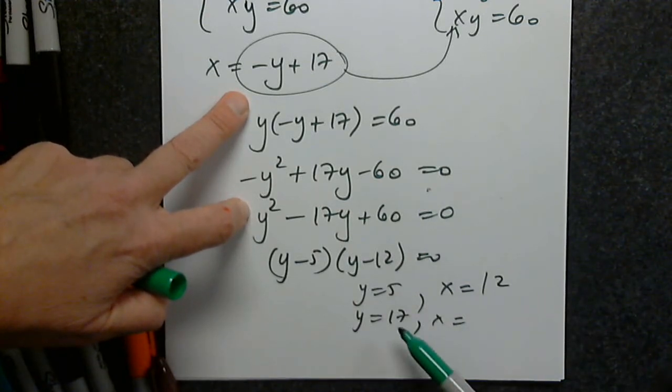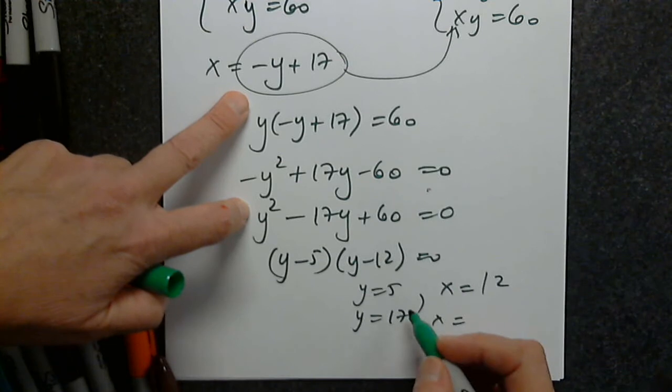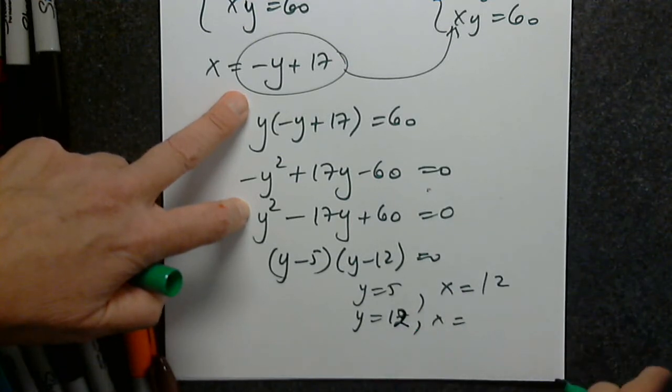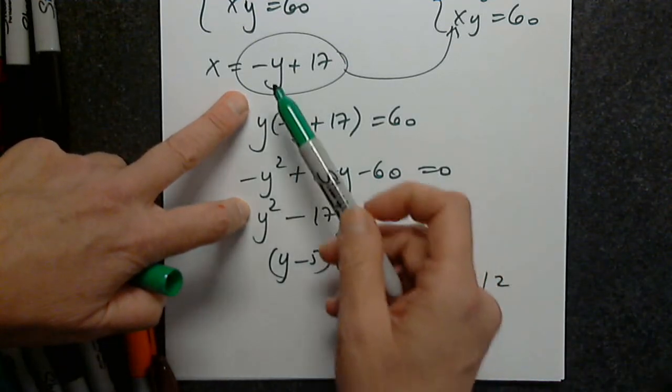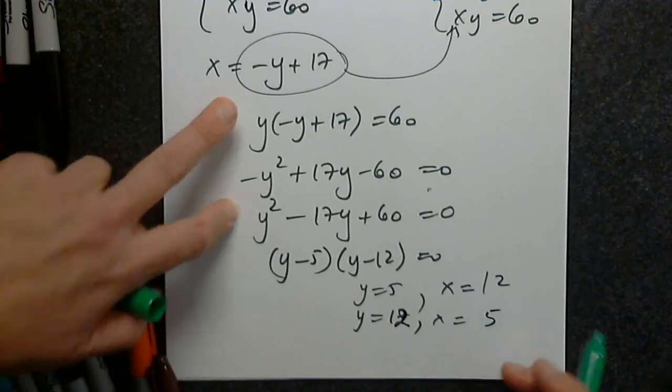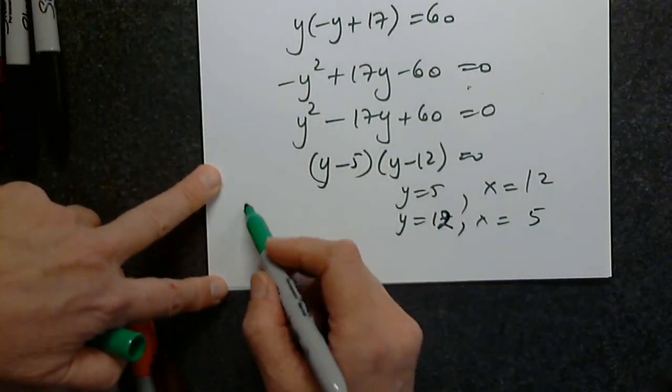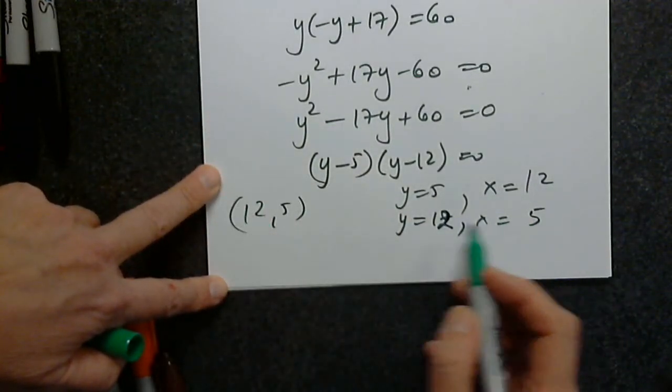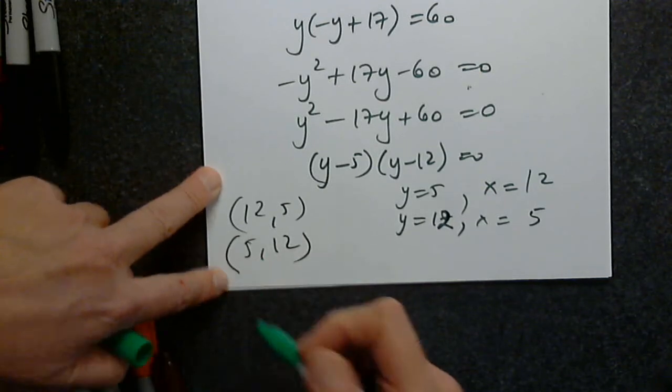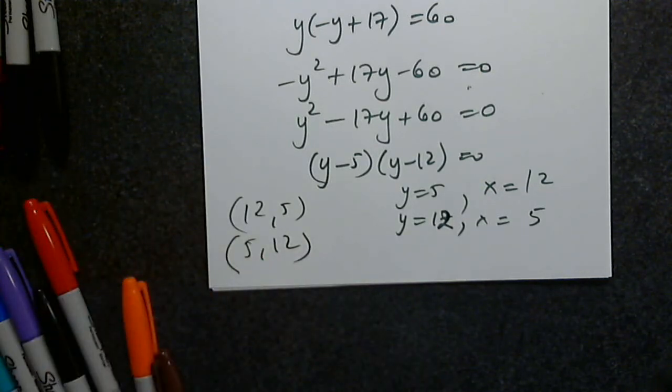What am I doing? That should be 12. Sorry about that. So then when we plug in 12, we get 5. Thank you. So basically two options, 12 comma 5 and 5 comma 12, which is basically the same.